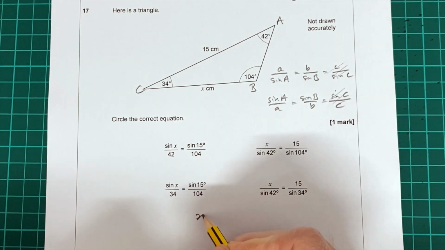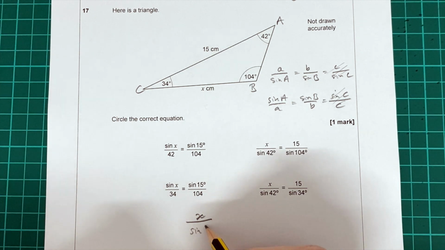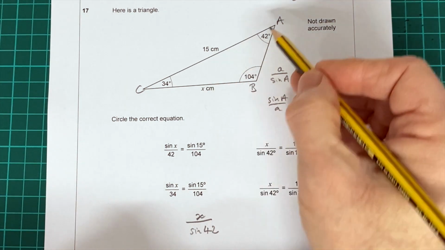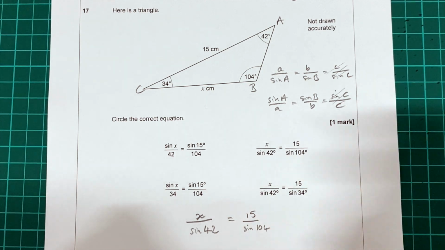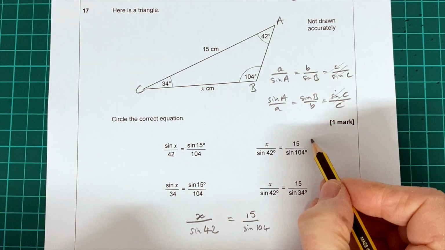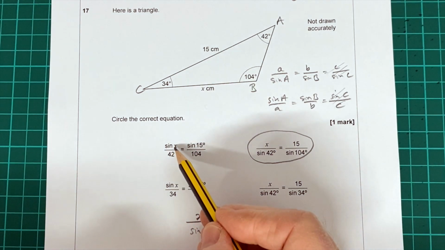So x is a length over sine 42. X over sine 42 is equal to 15 over sine 104. Oh, and actually, we've got it straight away. It's that one. It couldn't have been that one because that said sine x.